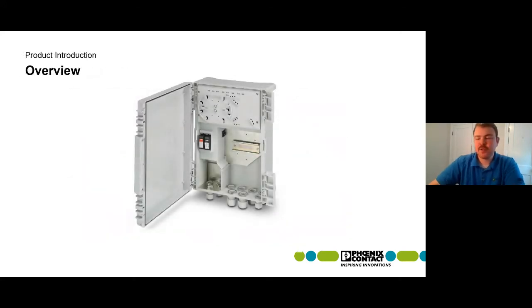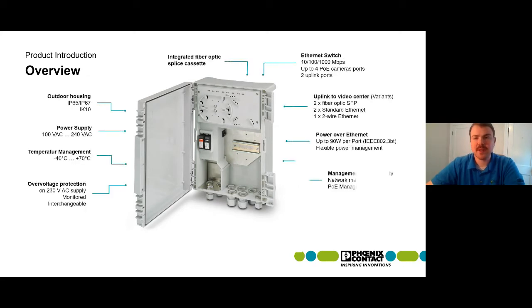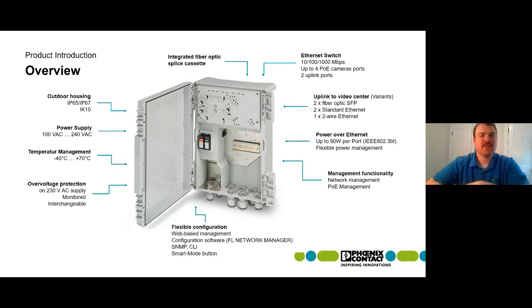So from an overview, I don't want to go through all the specifications, but here's a good list of them. From an application perspective, it's really good for outdoor use. Typically, if you're in a building, you have that IT infrastructure already in place.